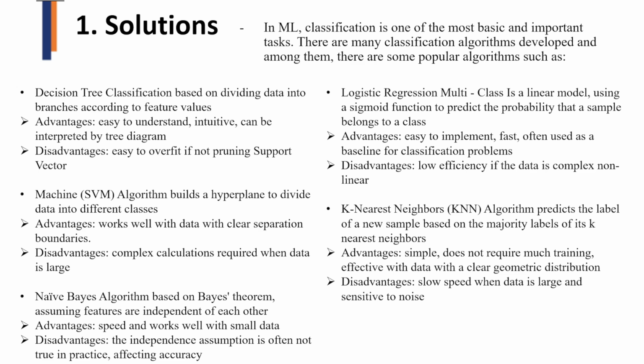There are many classification algorithms, but some of the most common ones include decision tree, support vector machine, logistic regression, multi-class, KNN, and Naive Bayes.